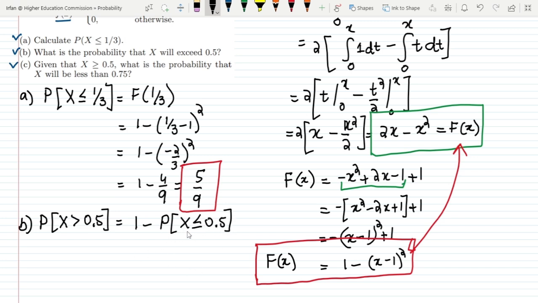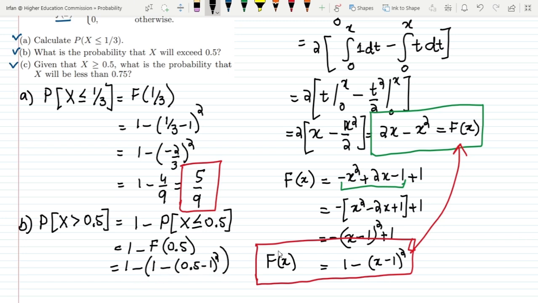This is basically the CDF. I can find it by using the CDF, which would be f of 0.5. Putting all the values here, this is f of x, so it will be 1 minus, 0.5 minus 1 whole square.